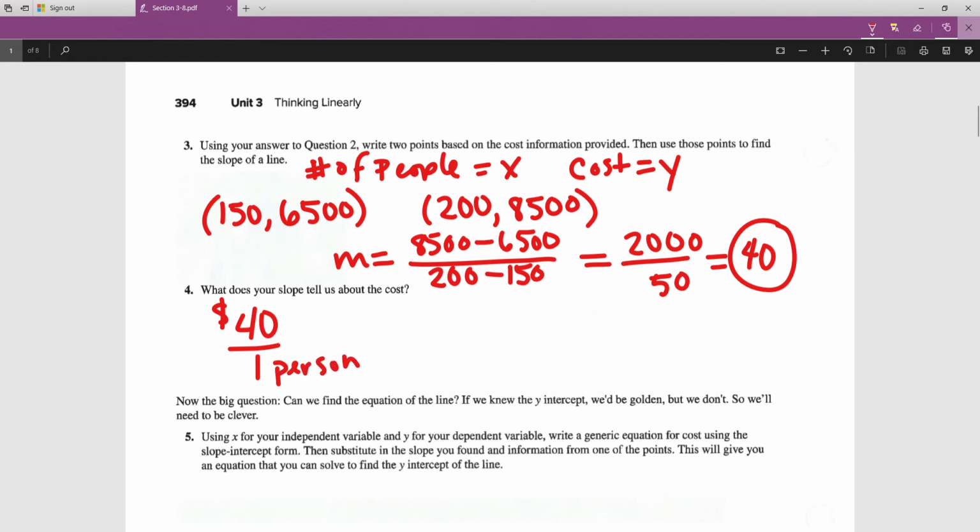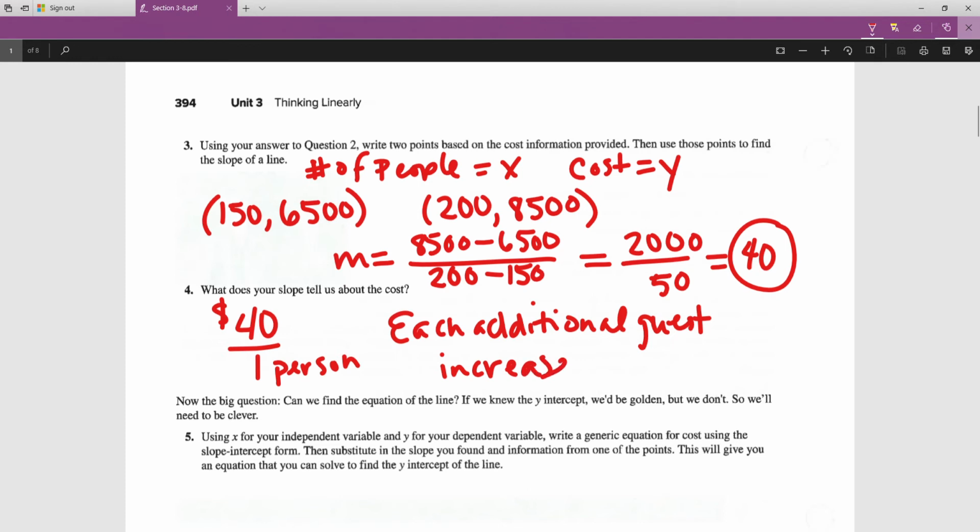So what that means is each additional person costs $40 additional. So I'm going to write that down. Each additional guest increases, and since it's positive, I'm going to use the word increases, cost by $40. So we're thinking of that in terms of money and people.